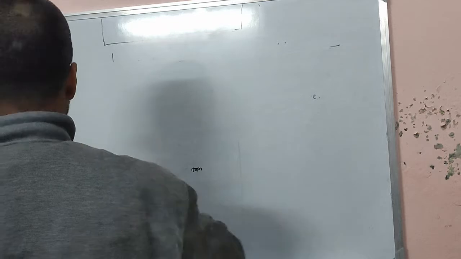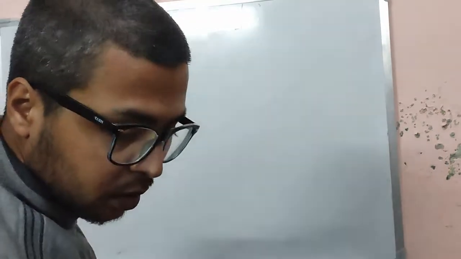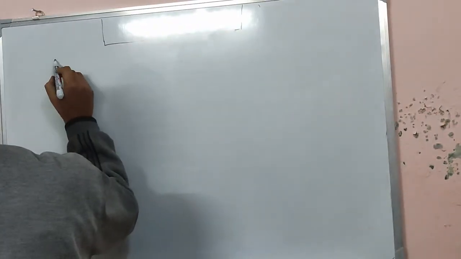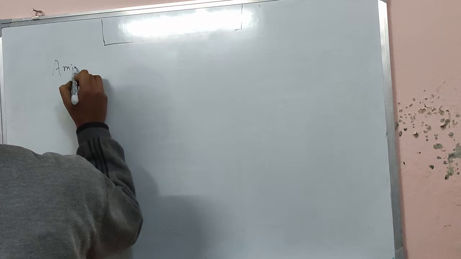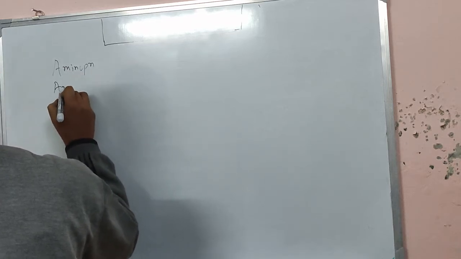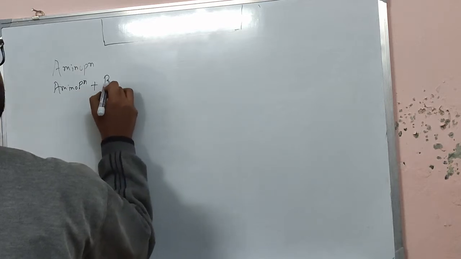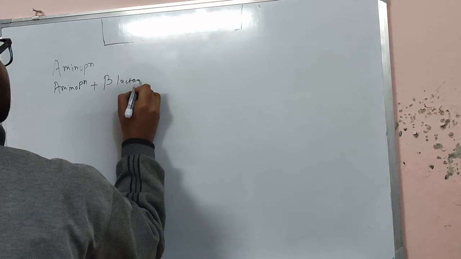Now let's start with penicillin. In penicillin there are different antibiotics like aminopenicillin, and aminopenicillin combined with beta-lactamase inhibitors.